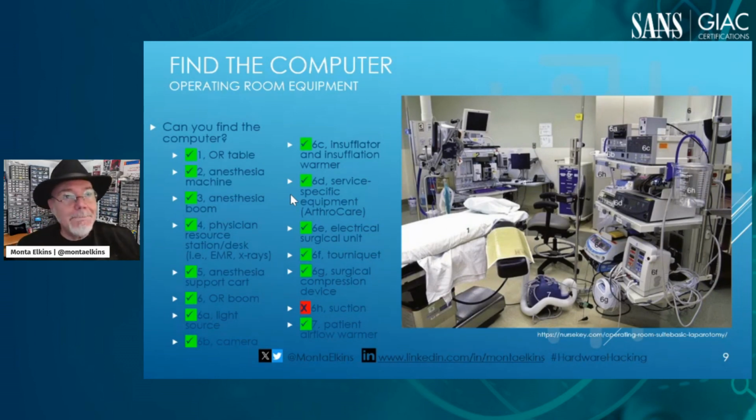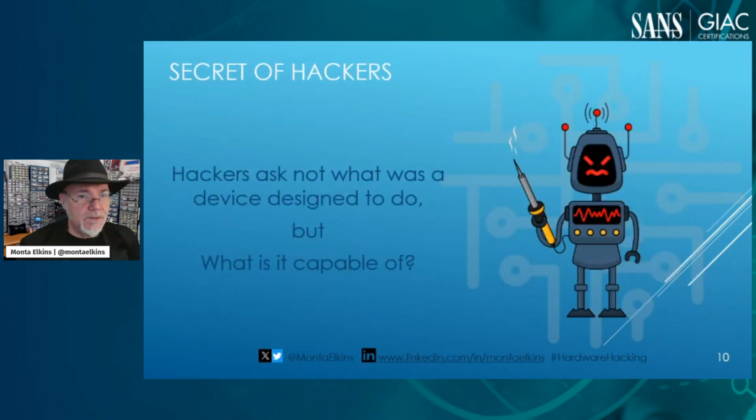I think the only thing that might not be a computer in this environment is this plastic bottle that only has plastic tubes coming out of it, right? Or suction. Like, the rule of thumb is, does it have batteries? No. Does it plug into electrical? No. So that's probably not. Of course, on the back end, it's plugged into something that probably is a computer. Okay, but we'll ignore that for now.